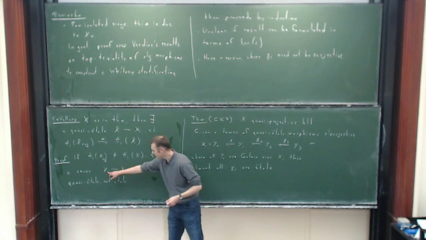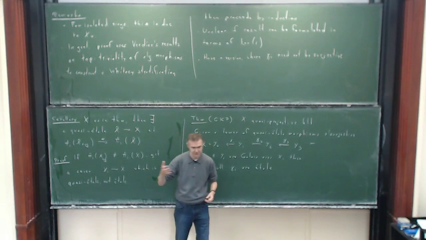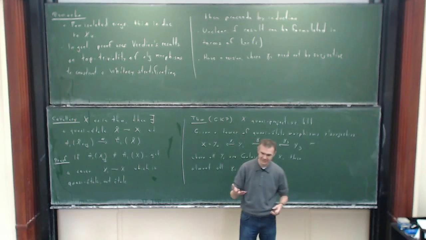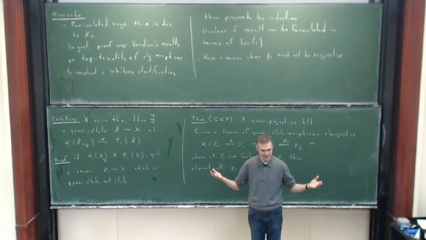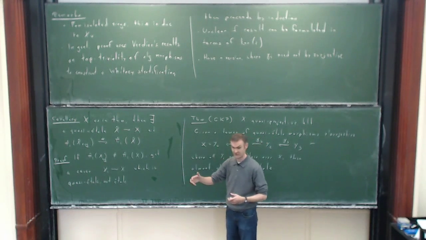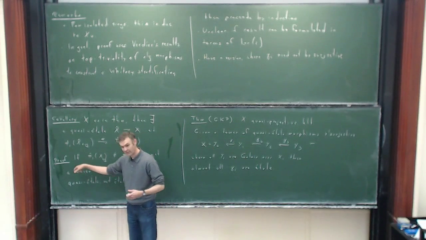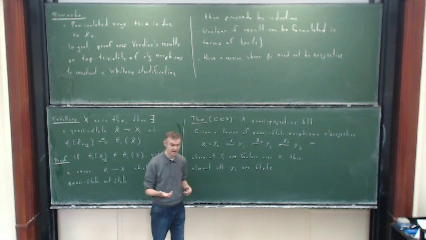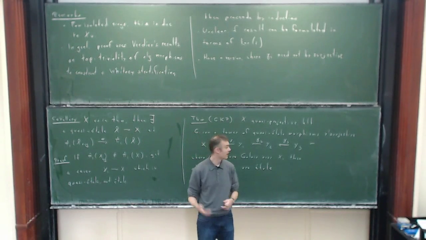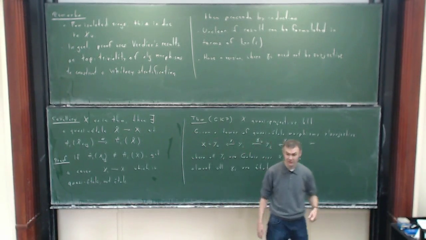Okay, now I iterate this process. Again, I ask on X1, is it true that the algebraic fundamental group of X1 is the same as the algebraic fundamental group of the smooth locus? If no, I get another cover. And eventually, I construct a tower of covers which are quasi-étale but not étale. And our theorem says that no infinite tower exists.